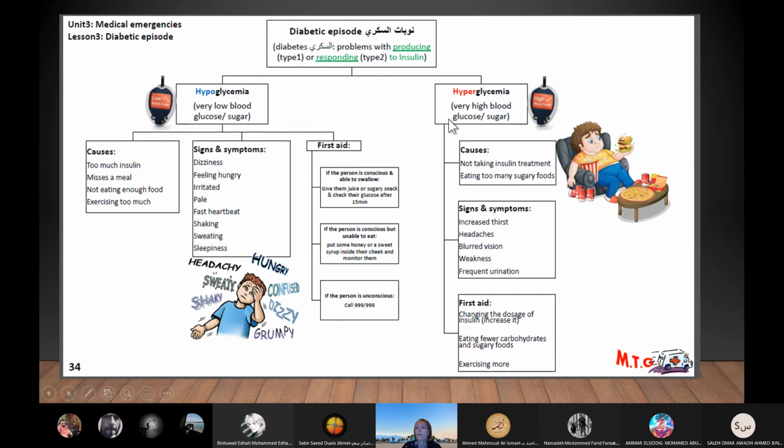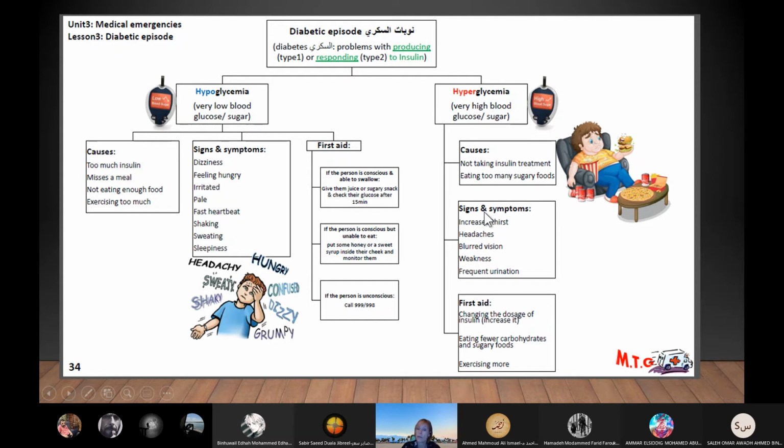So hyperglycemia, very, very high blood sugar. This can happen if you overeat, or if you're not taking the right amount of insulin, or just eating too many sugary foods. When you're given your insulin, you're given a certain diet to follow.